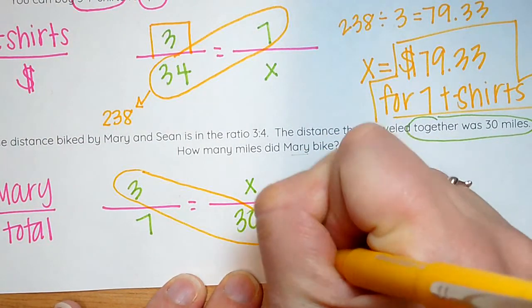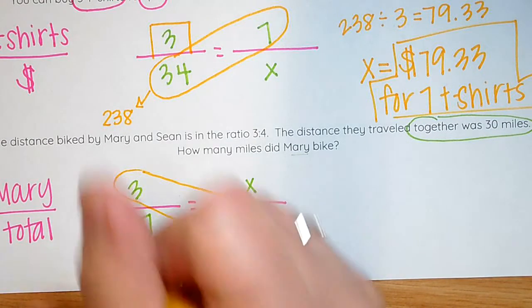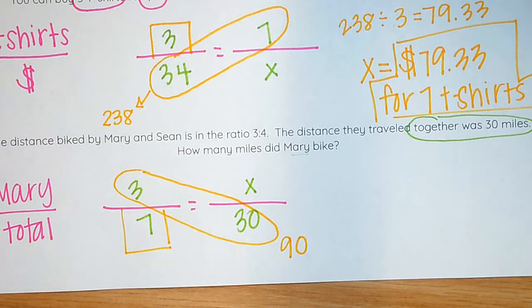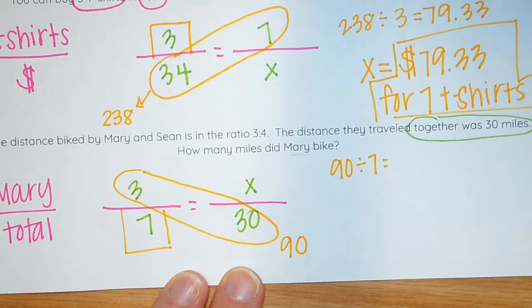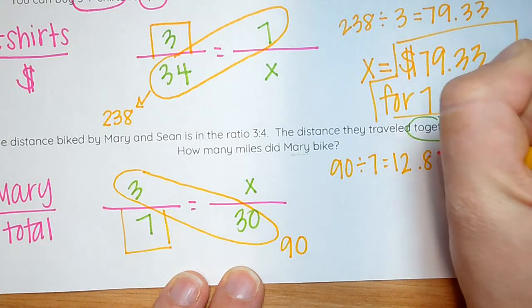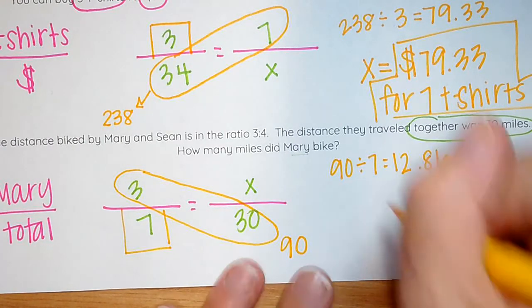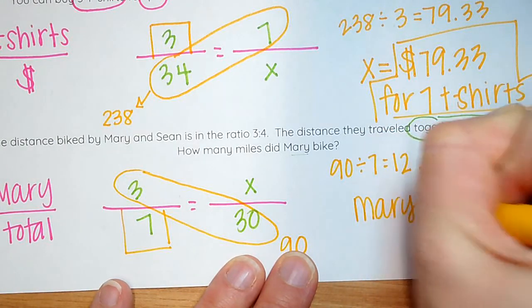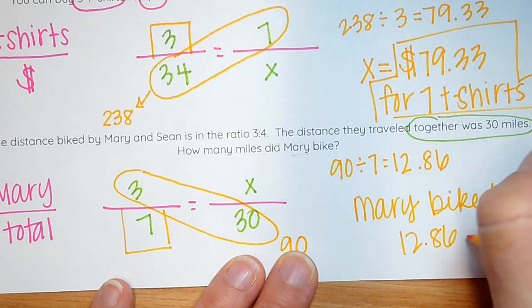This gets me 90. What do I do with the 7? I box it to show division. 90 divided by 7, again, calculators are allowed, and I get 12 and 86/100 miles. So my answer is Mary biked 12 and 86/100 miles.